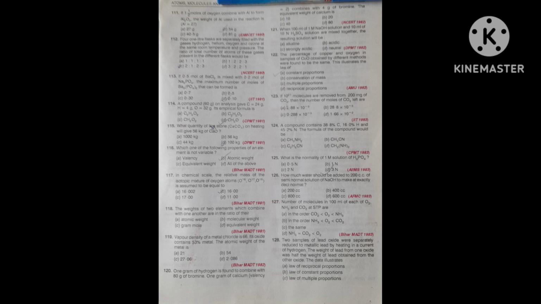Decinormal means N by 10. Options are given. First option is 200 cc, second option is 400 cc, third option is 800 cc, fourth option is 600 cc. One more time the question: how much water should be added to 200 cc of semi-normal solution of NaOH to make it exactly decinormal?